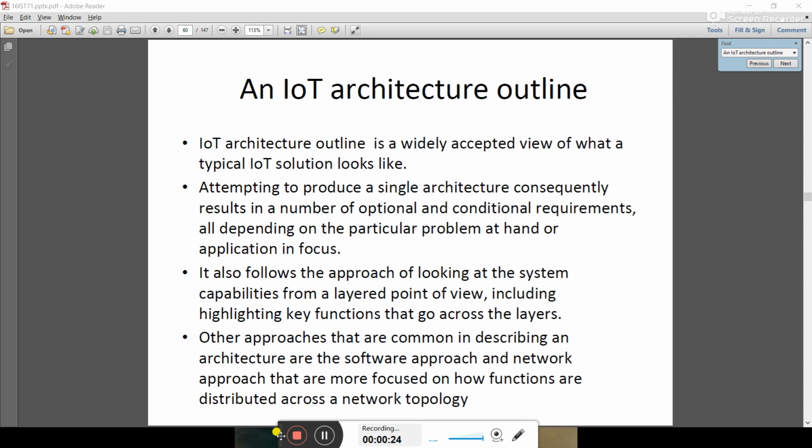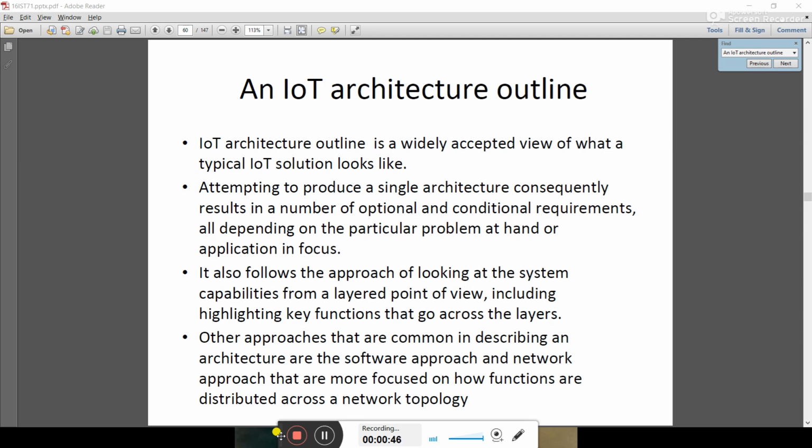For example, there are so many applications of IoT architectures, such as Internet of Vehicles, Internet of Things, and Internet of home automation. So these are all available in the market, and which type of architecture we view depends on the product. So it depends on the things.